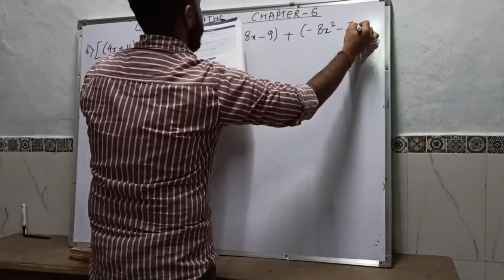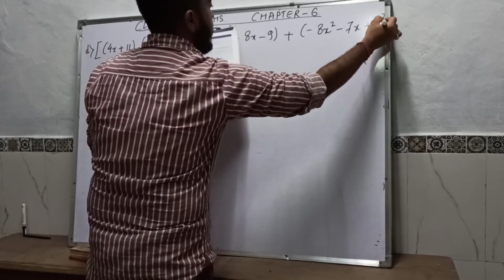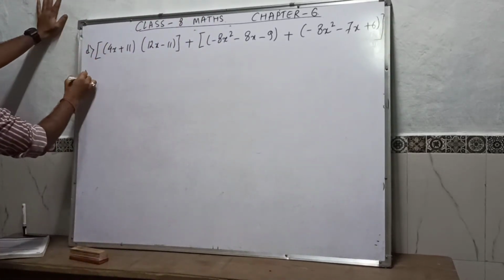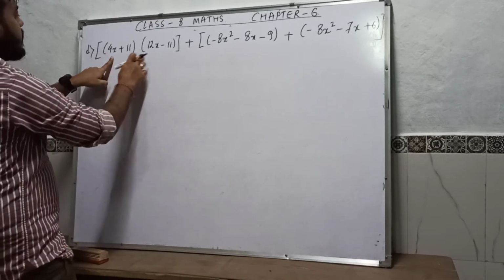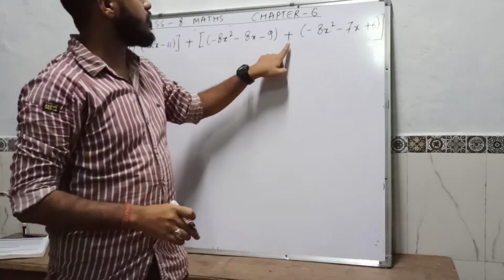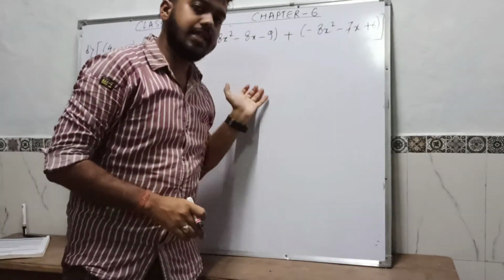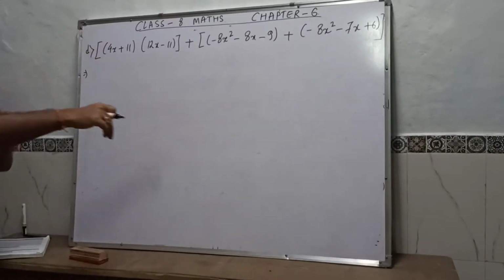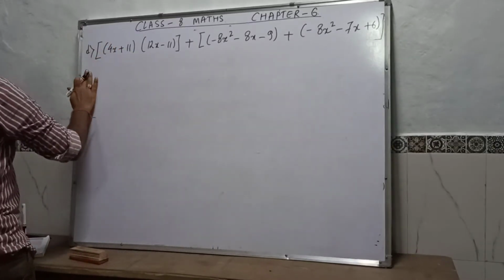The longer the question, the simpler the solution. Okay. So this is the only question. You see, it's very simple. Okay, here you only have to multiply 4 into this, 4 into that, 11 into this, 11 into that, and the remaining you just have to open this bracket and write as it is. Nothing to do here. Okay, we just have to solve this part. So let us solve this one.